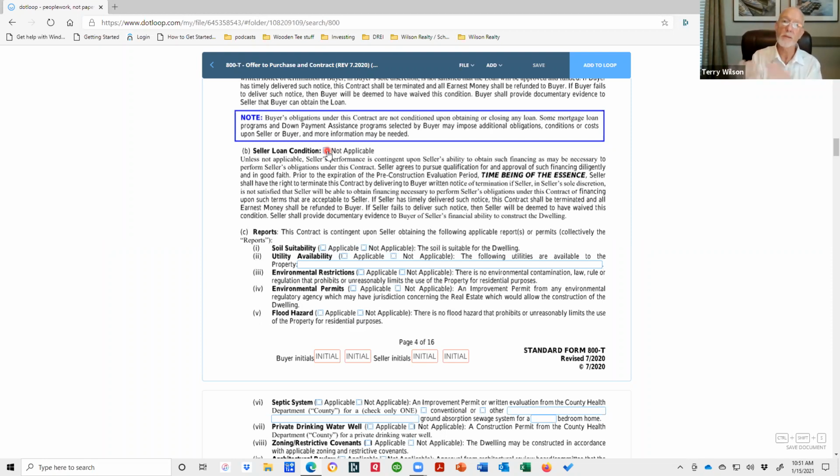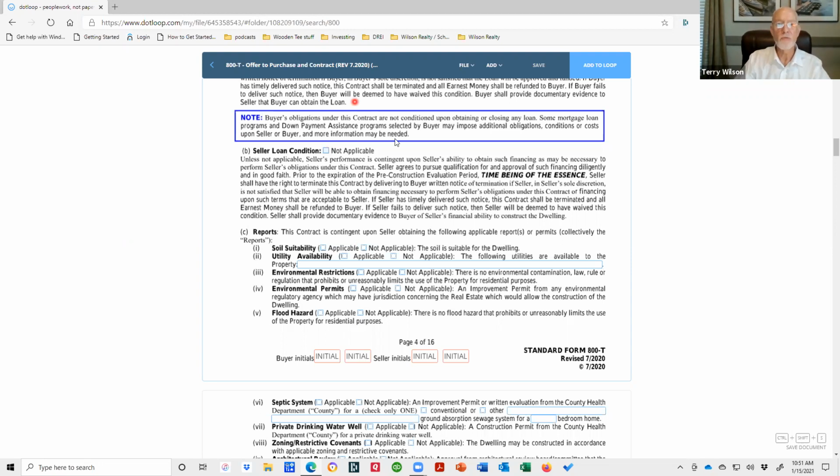And then they have to provide proof to the buyer that they can get a loan to build the house. And vice versa, the buyer has to provide proof to the seller that they can get a loan to buy the house. So if the builder has to get a loan, both parties are going to have to provide proof that they can get the loan that they need to complete the transaction.